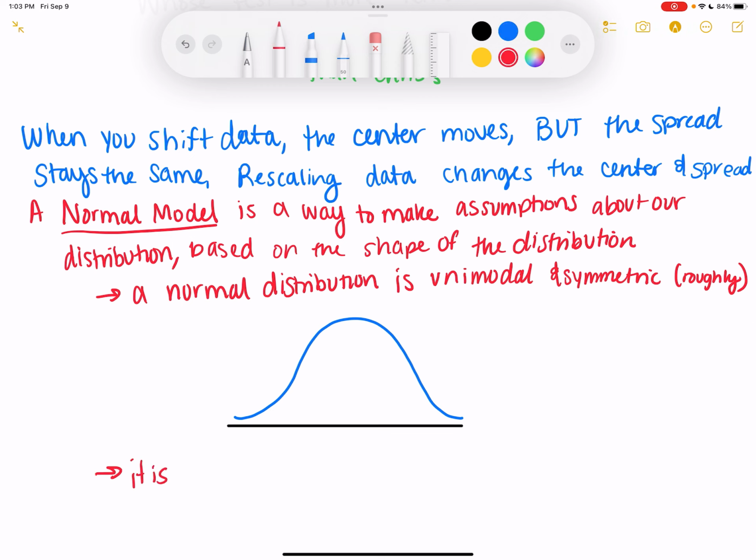It is named based on its mean and standard deviation.